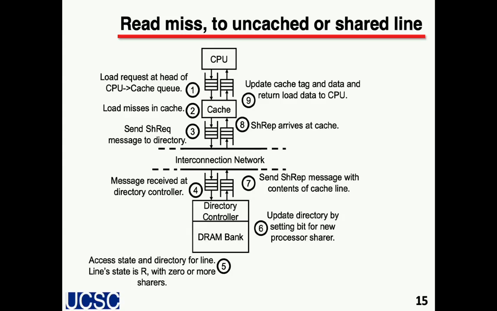Once again, this is a simplistic directory protocol, essentially only the equivalent of MSI, and you can imagine more states and trying to reduce latency. You can see there's a lot of different message hops here. You could do things that are more clever, where if my neighboring cache does have the data, even though it's not quite snooping, they might be able to still find it out, so they might be able to forward the data rather than going all the way to memory.